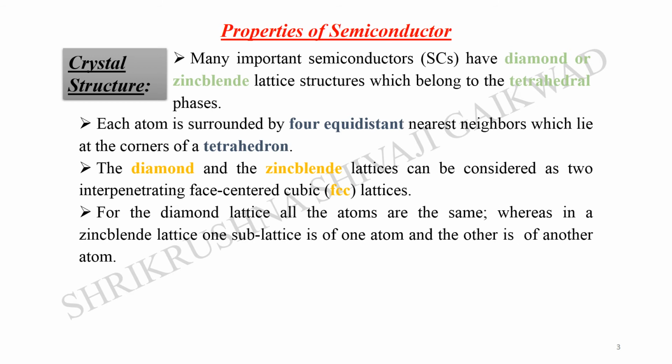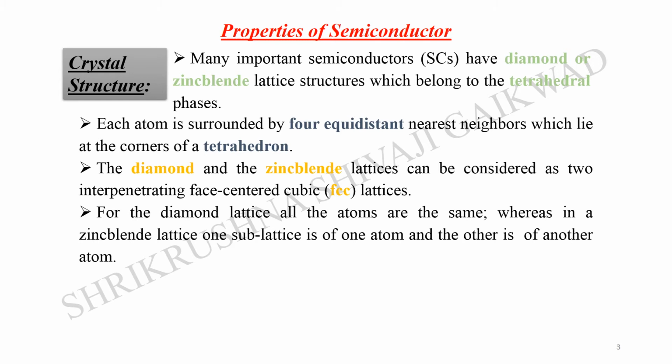Now for the diamond lattice, all the atoms are the same, right? Diamond is made up of carbon atoms, so in that case all the atoms are of the same kind. Whereas in the case of the zinc blende lattice, one sublattice is of one atom and the other sublattice is of another kind.